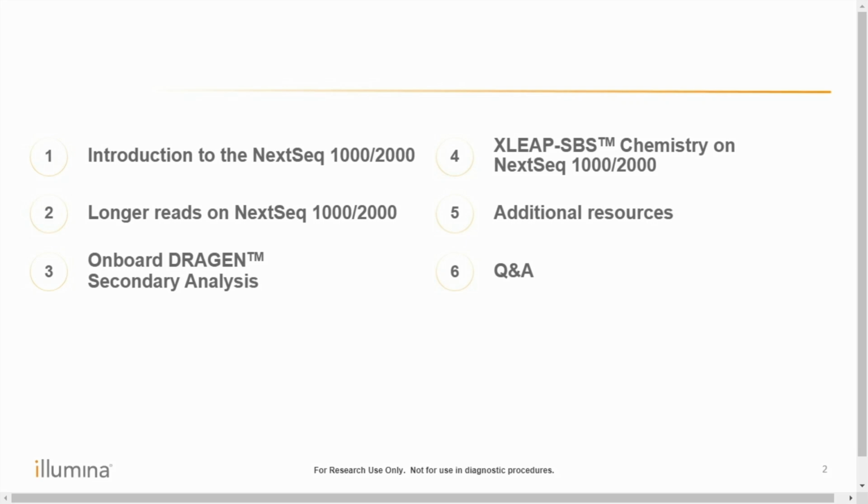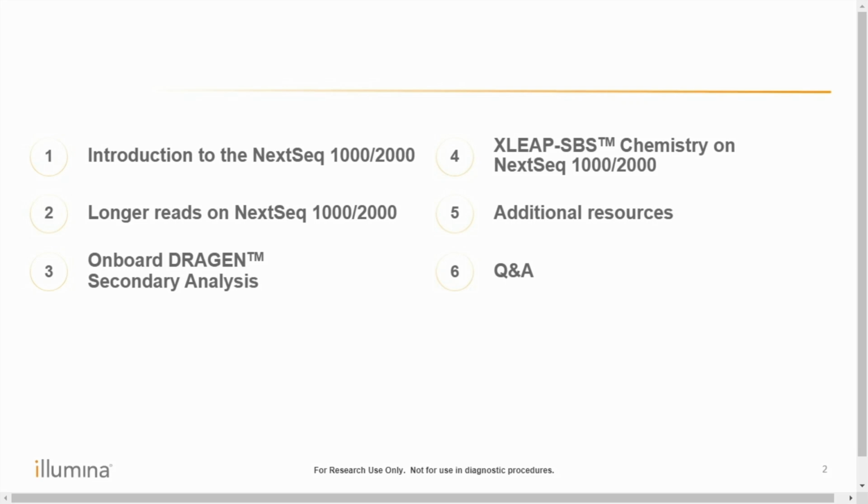I wanted to begin today by going over the agenda for the next hour. We'll start with an introduction to both the NextSeq 1000 and 2000 systems and what makes these systems unique compared to previous Illumina sequencers. And then we'll cover our new 600 cycle technology that was introduced on the system late last year and how they've been most commonly used by early customers.